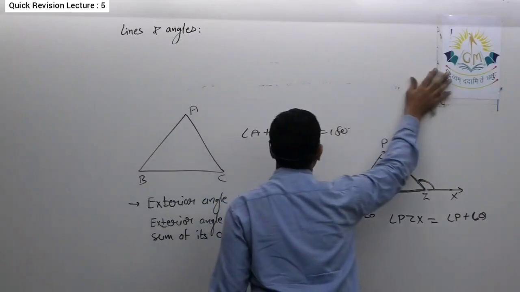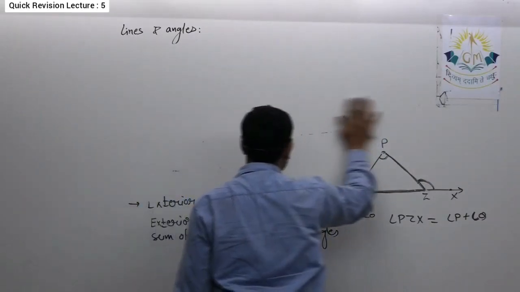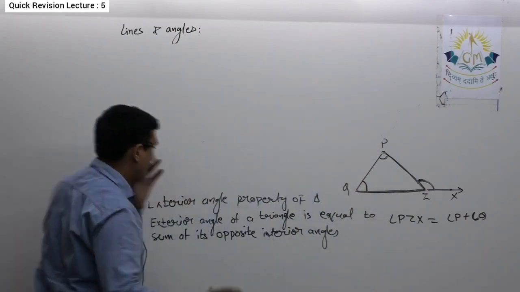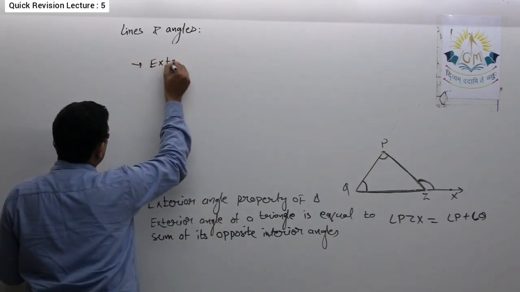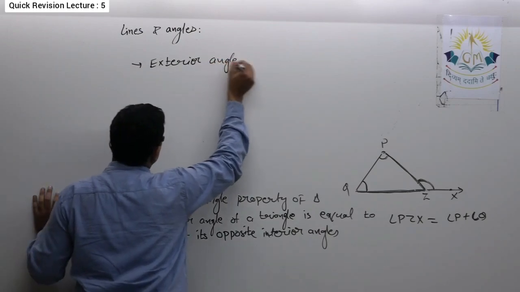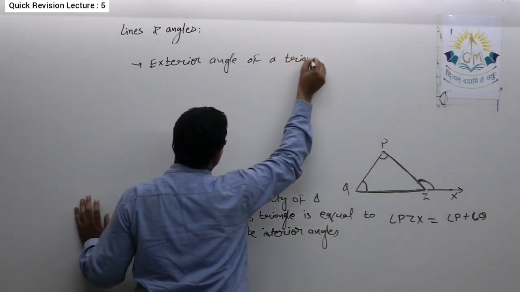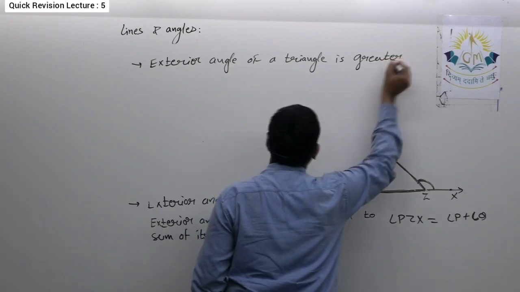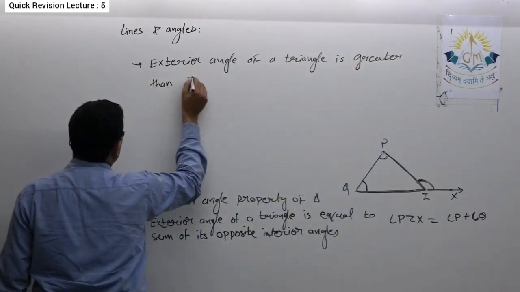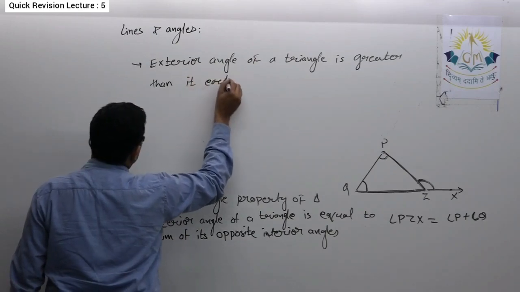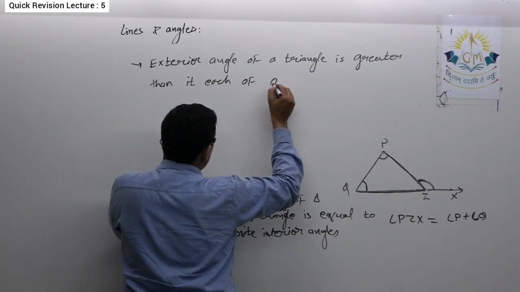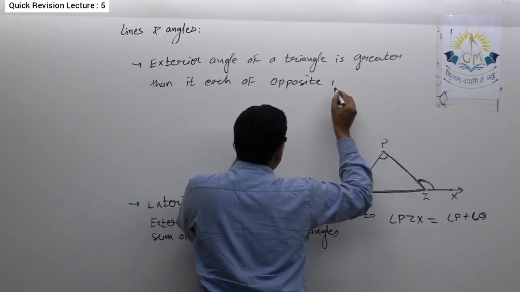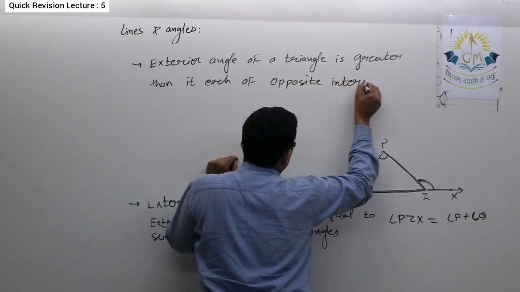From this property we also conclude one more thing: the exterior angle of a triangle is greater than each of its opposite interior angles.